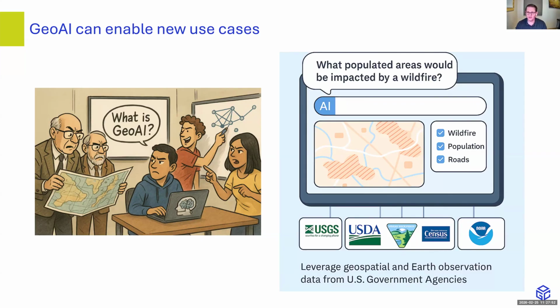So if we're going to ask the question, what populated areas would be impacted by a wildfire, that is not something that a single organization has the authoritative mandate for curating. Rather, the data needed to answer this question comes from different organizations, and that data needs to be integrated. And so DGGS can play a very important role in implementing this type of vision.